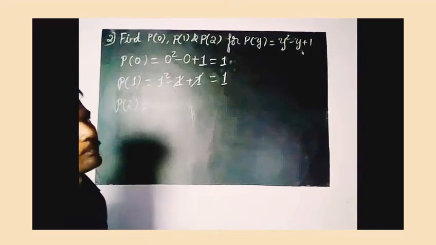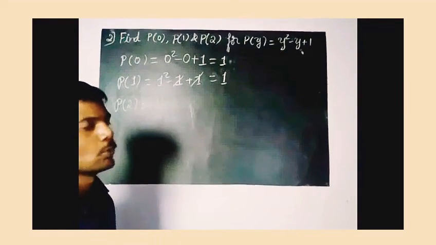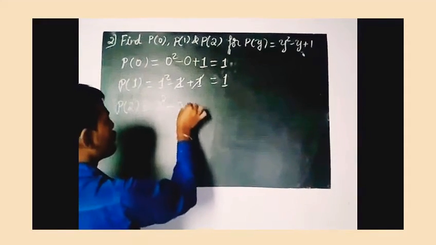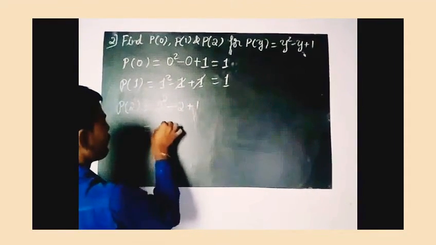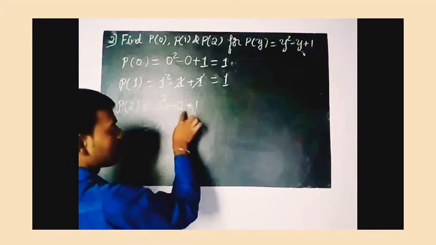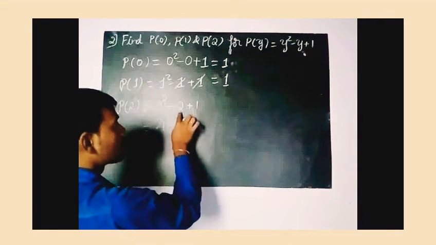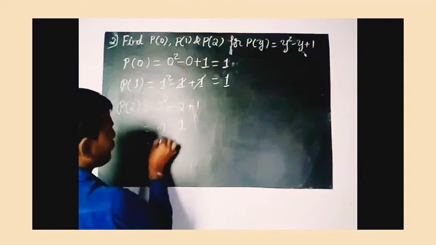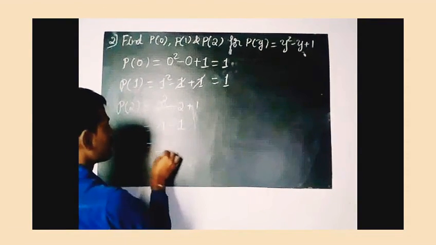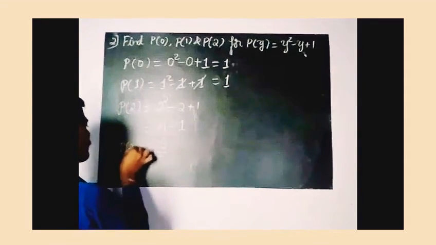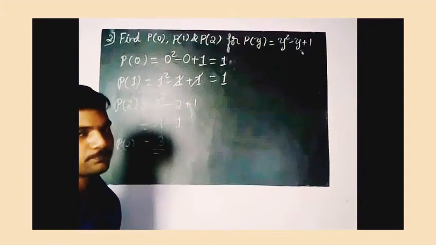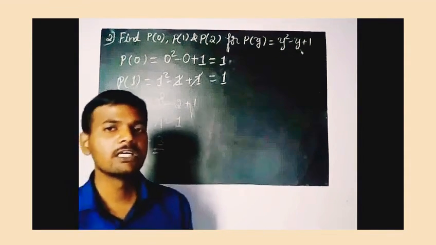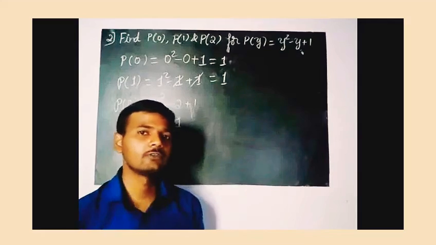P of 2, put the value of y as 2 in the polynomial, that is 2 square minus 2 plus 1. 2 square is 4 minus 2 plus 1, you should not add these two directly. Minus 2 plus 1 is minus 1. 4 minus 1 is 3. So p of 2 is 3. Okay, p of 2 is 3 is the value of the polynomial at y is equal to 2.